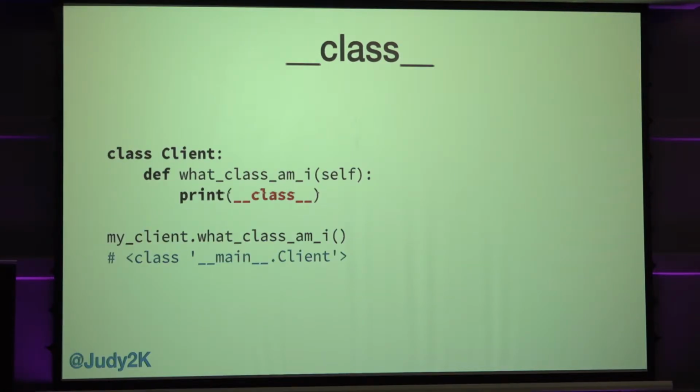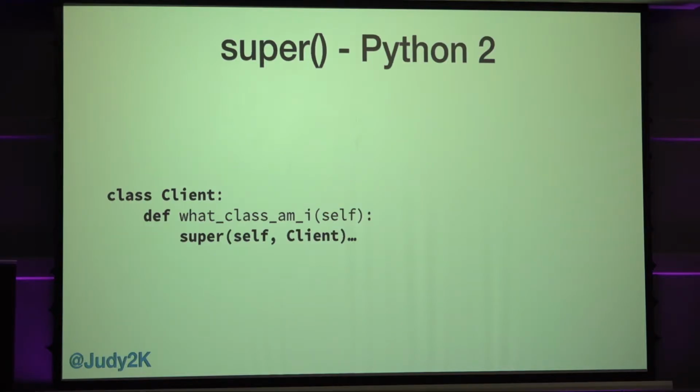And I'm going to have a little detour now about Python 3 specifically. We have this new dunder variable in Python 3, which you can only use inside a method, and it gives you back a reference to the class that the method was defined on. It's a little bit magic, hence dunder, the double underscore at the beginning and the end.